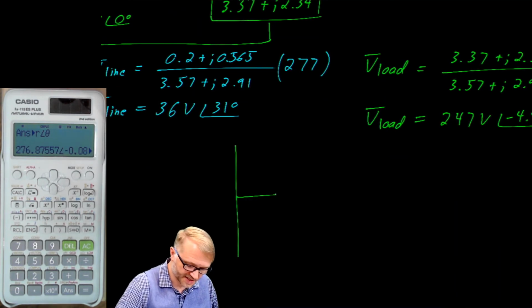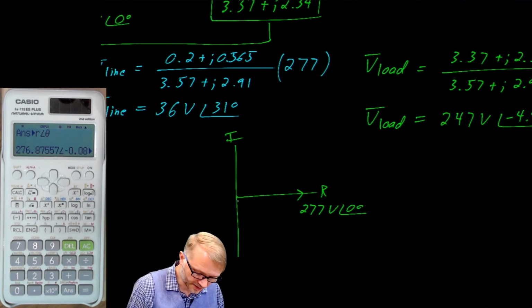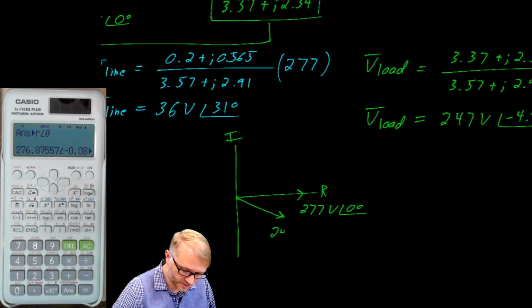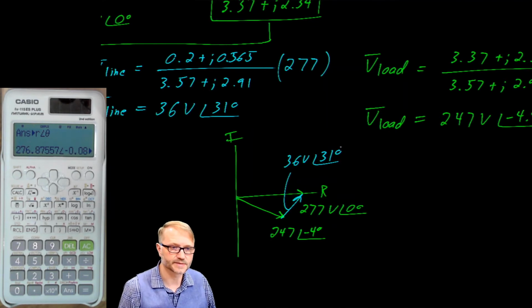If we were to sketch these phasors on the real imaginary plane, we would have the source, 277 volts, phase angle 0 degrees. We would have the load, greatly exaggerated here, as 247 at a phase angle of -4. And then we would have the line right here, 36 volts at a phase angle of 31 degrees.